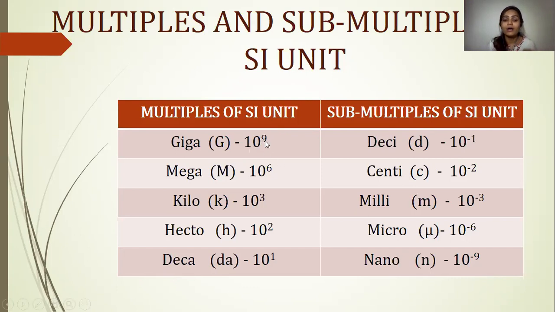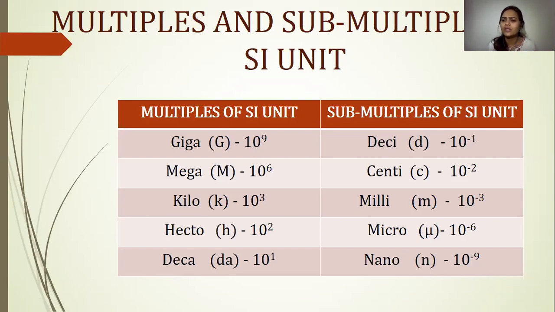Whenever you see a number written on the upper right hand side of any number, say 10 or 2, the number you are seeing over here, 9, is called an exponent. When I have to say it verbally, I will say it is 10 raised to 9.